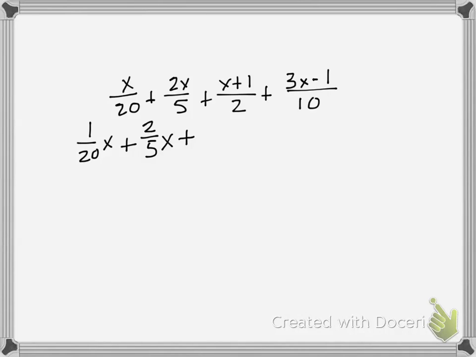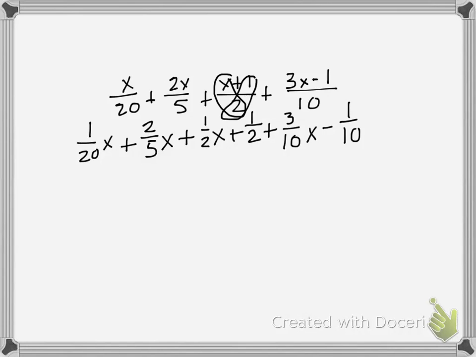This is the same as 1/2 x, that's this part, plus 1/2, which is this part right here. Plus, and again the same thing here, we have 3 over 10 x, then we have minus 1/10, and that 3 over 10 x and the negative 1/10 are the parts we're using.